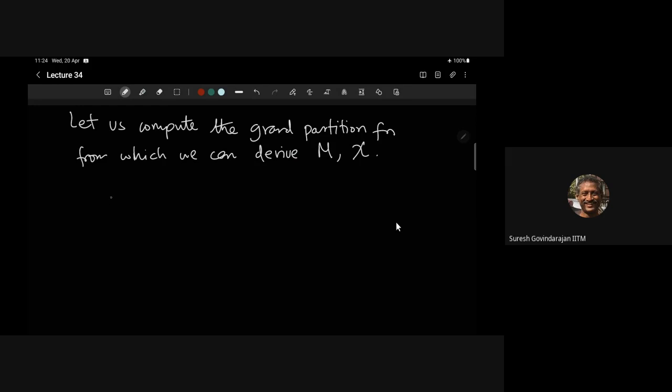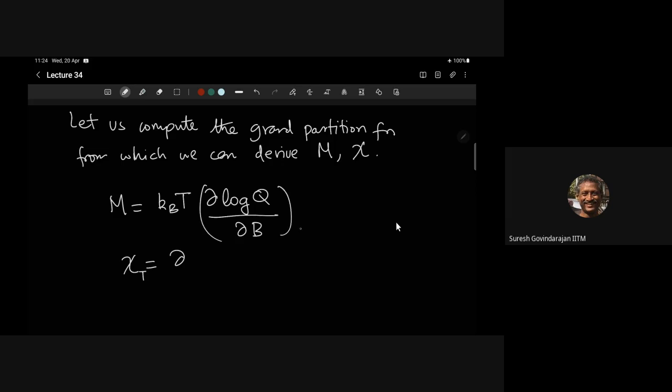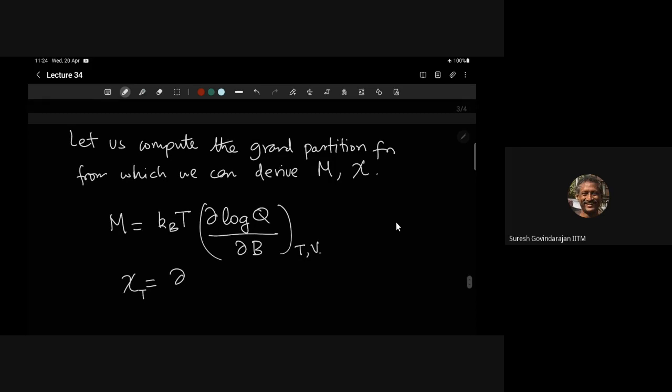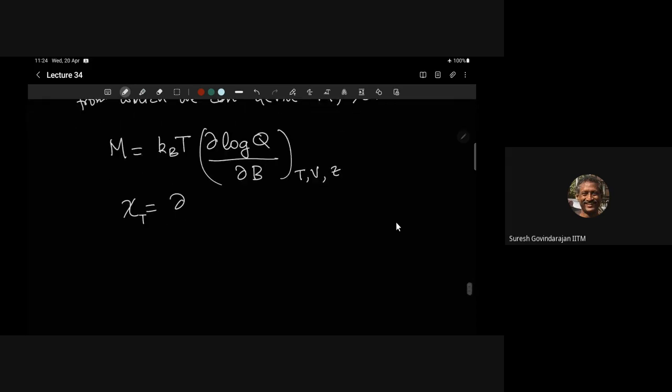So the magnetization is k B T times d log of q by dB, I think. I'll check if there are some more things. Of course, this is done at constant, what are all the things? Temperature, volume, and z or mu. Okay, chi is dM by dB, and it's usually defined at B equal to 0.